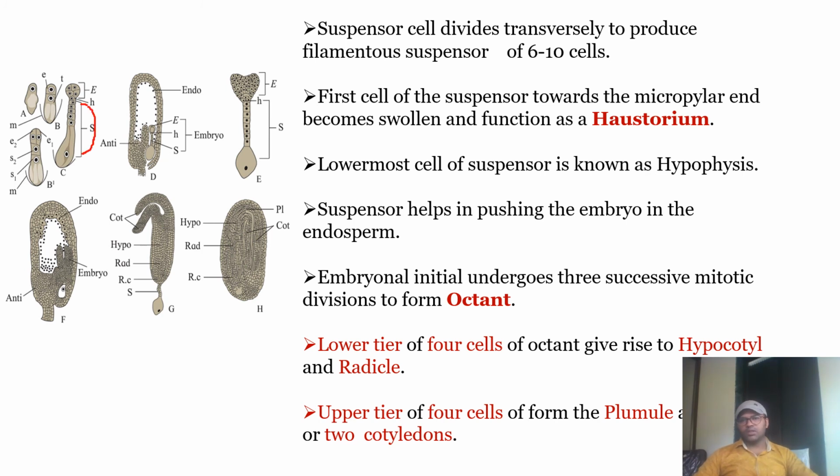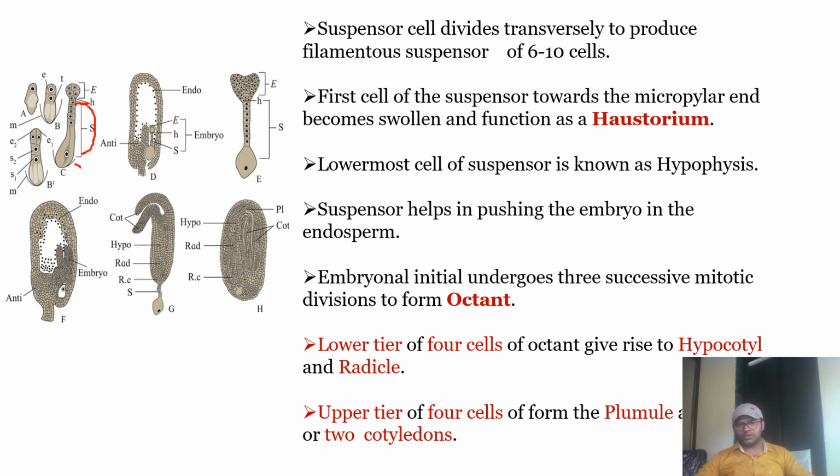The larger one, which is present towards the micropylar end, is called the posterior, and the lowermost one is called the hypophysis. This suspensor pushes the embryo into the endosperm. So this one is the micropylar end, this one is the chalazal end.